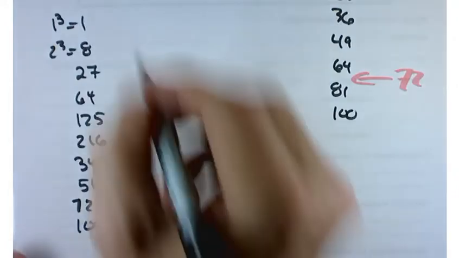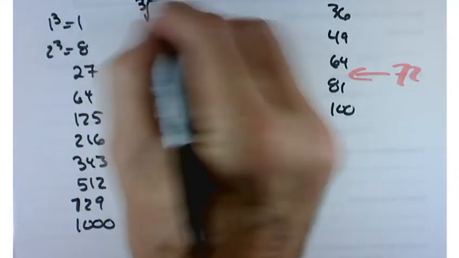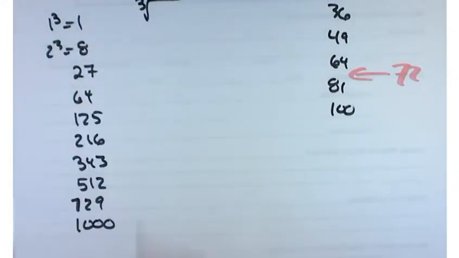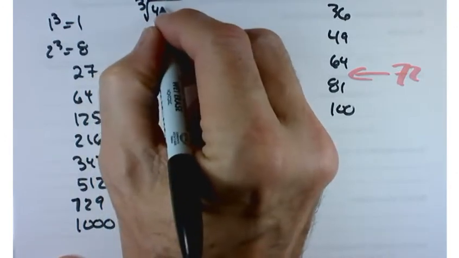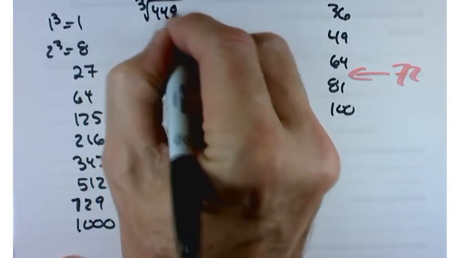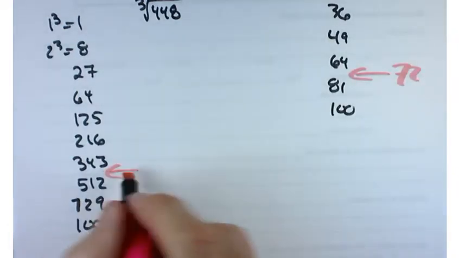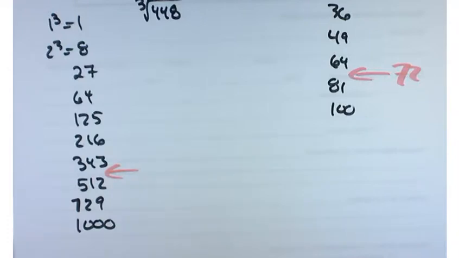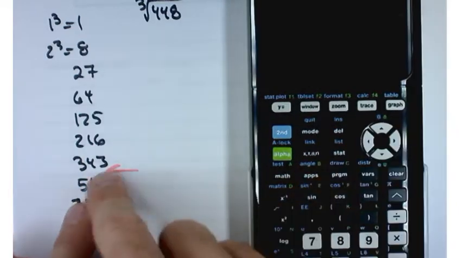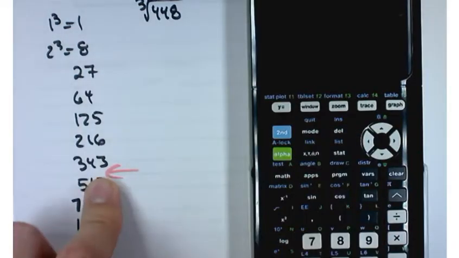So what if, and this is one of the problems that was in Newton, they gave you the cube root of 448. Now, instead of using this list, we're going to use this list. 448 is right here. Work your way up the list and try to find the largest perfect cube that goes into this evenly.